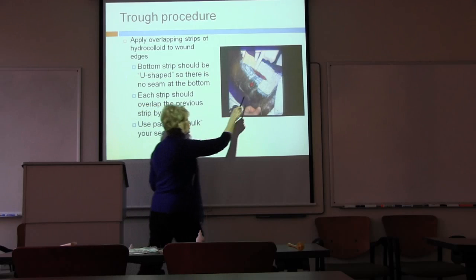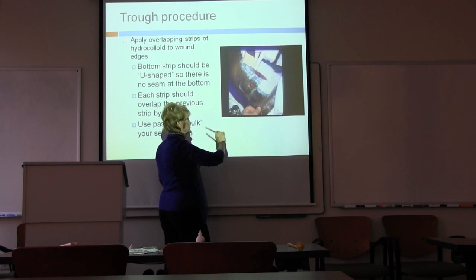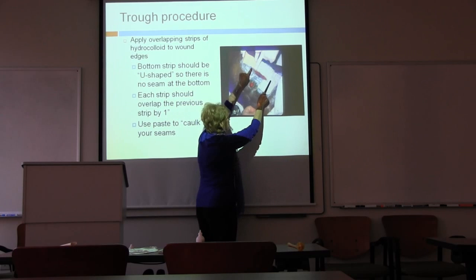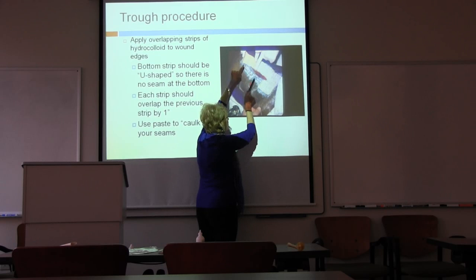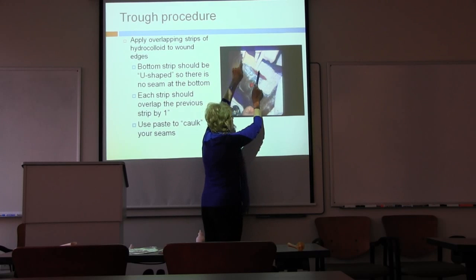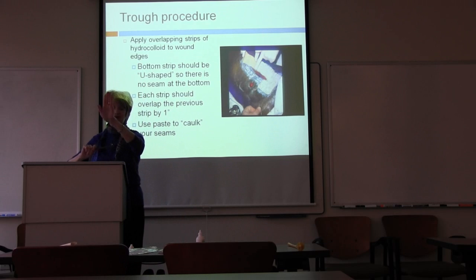So you put down a U-shaped piece of barrier or hydrocolloid at the base of the wound, and then each subsequent strip overlaps. So I'll go here to here and here to here, here to here, here to here. So you put your barrier down one piece at a time, starting at the bottom.